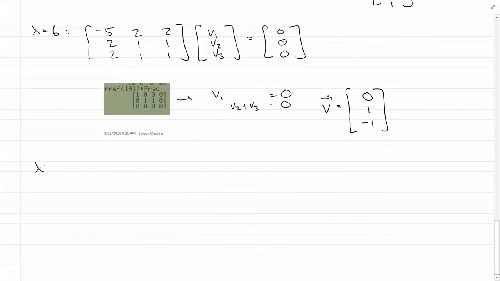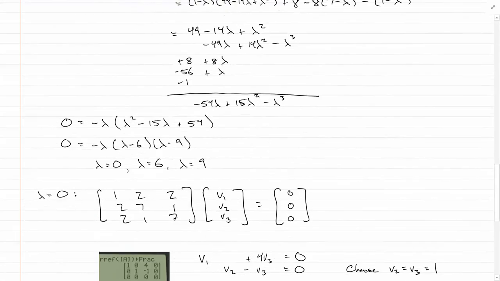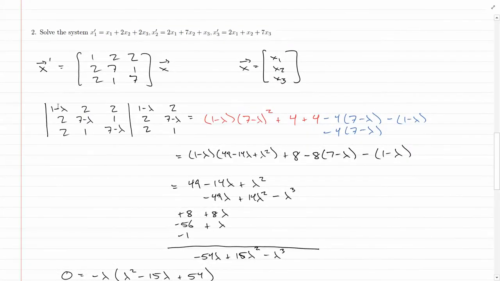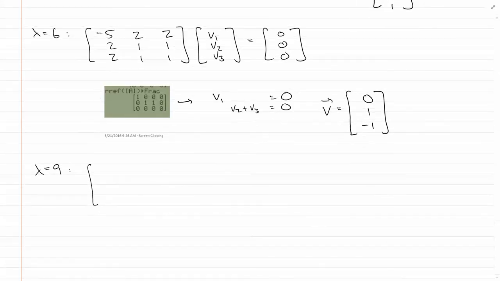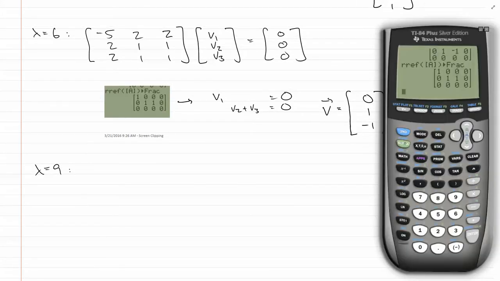And then finally, we got lambda equals 9 here. So all we're doing is just taking the original matrix, but having lambda equals 9. So let's see, what would that give us? On the diagonal, that would give us negative 8, negative 2, and negative 2. Okay. So actually, let's not even bother writing it all out. Let's just edit our matrix.